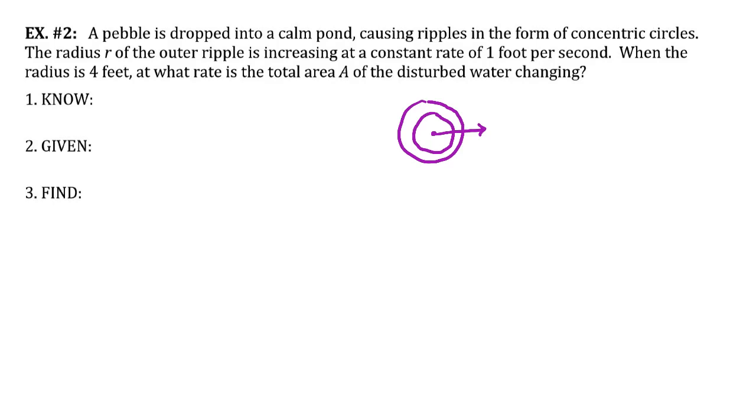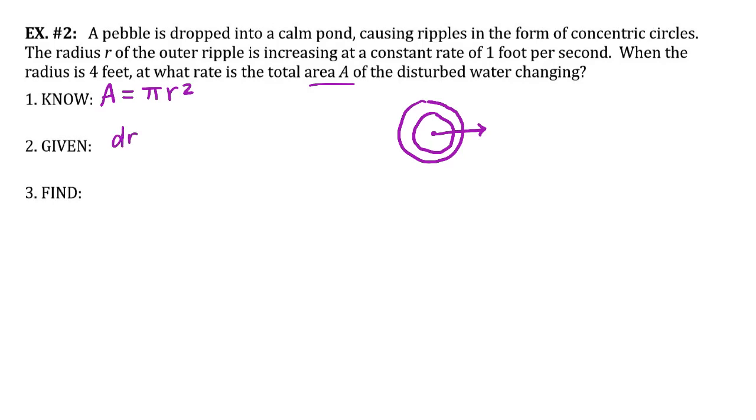Now, what should we already know about this? Well, if we're working with a circle and we're talking about area, we should know that area equals pi r squared. That's something we should already know. And then we are given that the radius of the outer ripple is increasing at a constant rate.